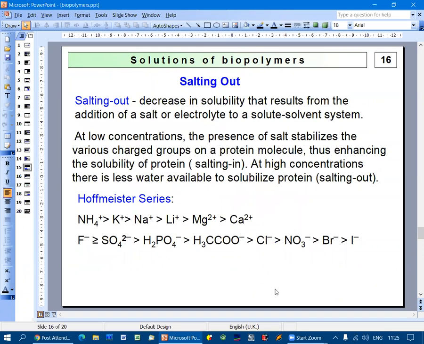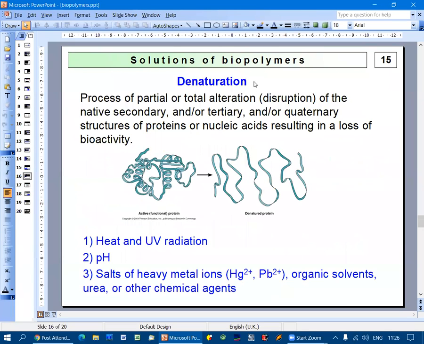The process of salting out is the second way, method, to destabilize a solution of a protein. The result will be the same. In both cases, in the process of denaturation and the process of salting out, you will see a precipitate, but the mechanism is absolutely different. Oh, I forgot to say whether the process of denaturation is reversible or not.